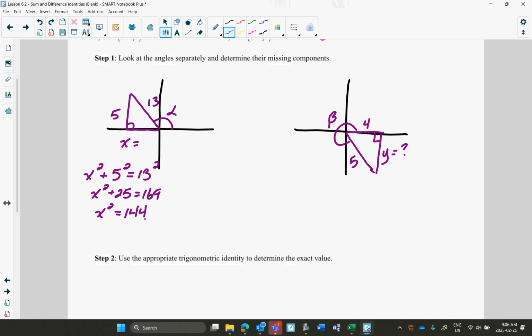Remember, when we solve, this is a quadratic equation because it's got a square, so we have to do plus minus. So x is going to work out cleanly positive 12 or negative 12, but it can only be one of them. It has to be negative because we're in quadrant 2 if you look at the triangle. So x has to be negative 12.